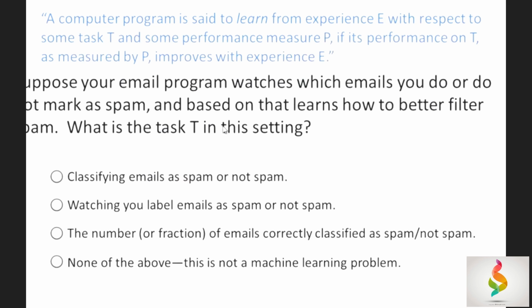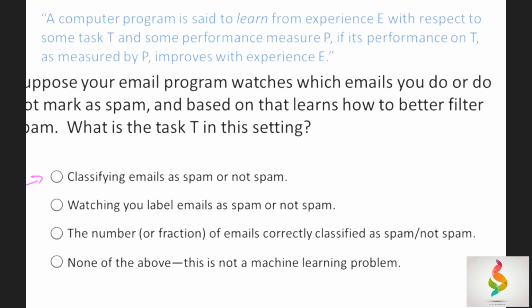And based on which emails you mark as spam, say your email program learns better how to filter a spam email. What is the task T in this setting? In a few seconds, the video will pause, and when it does so, you can use your mouse to select one of these four radio buttons to let me know which of these four you think is the right answer to this question.